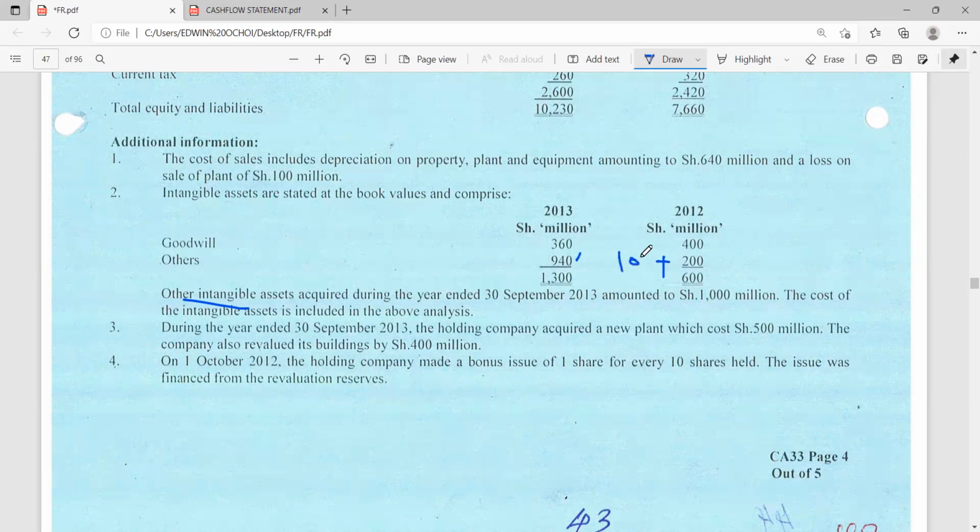So 200 plus 1,000, that is 1,200. But at the end is what amount? 940. So there's a reduction of 1,200 minus 940. Do you have calculators? 260. So that is an amortization.